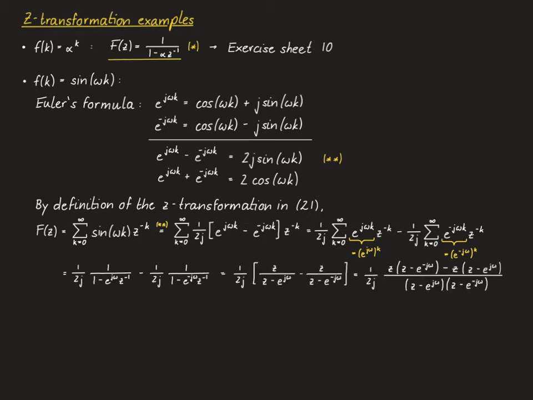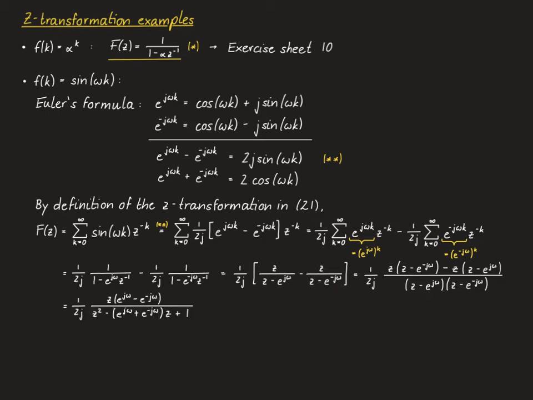Next, we take out the common factor 1 over 2j, and we expand both fractions by a factor of z to obtain this expression, and then we form the least common denominator of these two fractions, and we obtain this large fraction as a replacement for the difference between these two fractions.